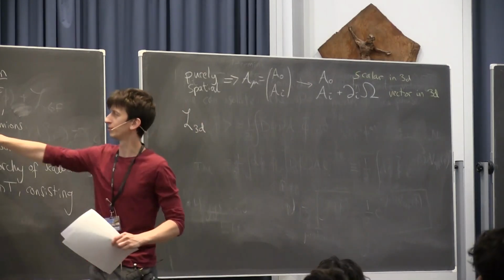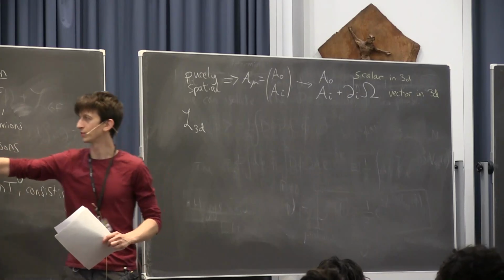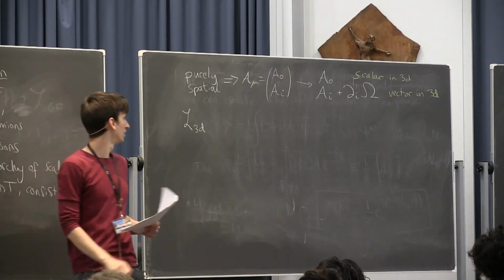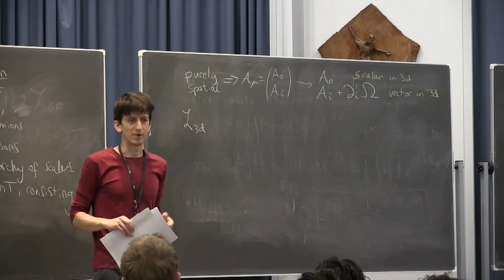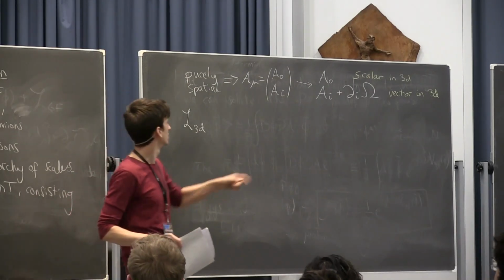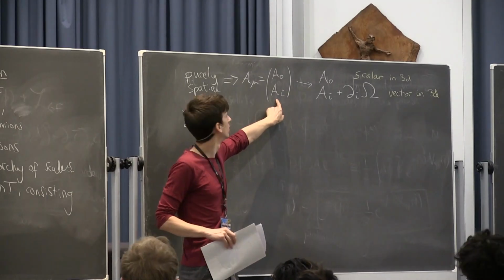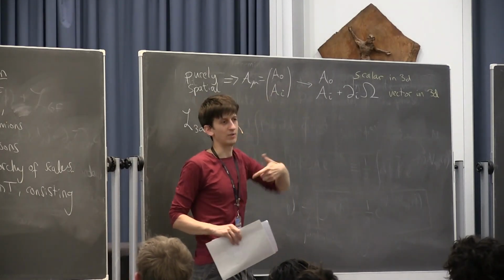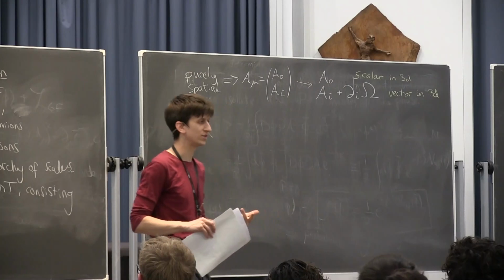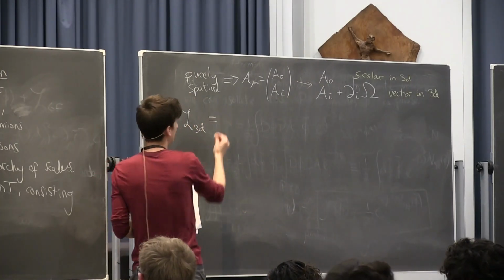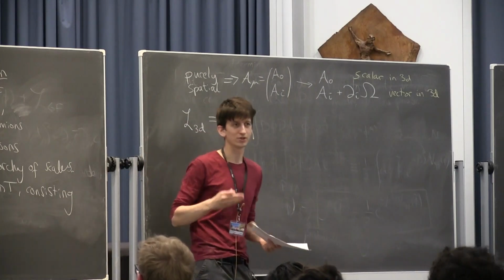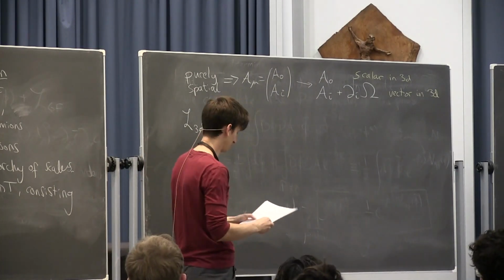This is a 3D model because it only depends on spatial directions, because we only have the n equals 0 modes. The most general 3D model which satisfies the symmetries, basically, and has the same degrees of freedom. So we have our A_i field from before, we have the A_0 field, and we have phi, the scalar. Those are our 3 degrees of freedom. We want to write down the most general 3D model we can. It's again a Euclidean signature because it's just the spatial modes.